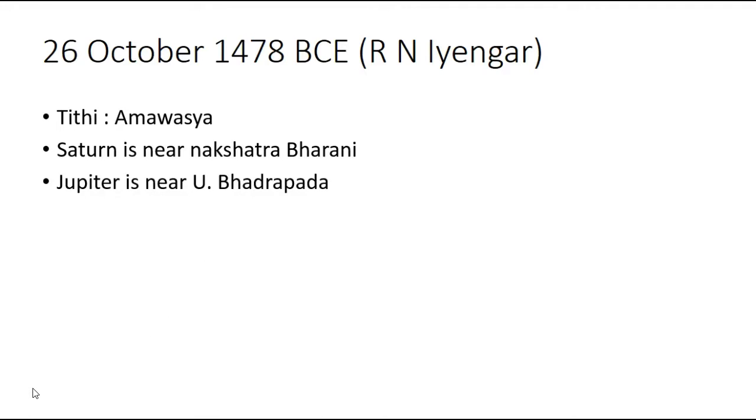And Jupiter was near Nakshatra Uttarabhadrapada. And again, I would encourage you to download his research papers on the timing of Mahabharat war and reach your own conclusions. As far as references of Saturn are concerned, he is silent. He has not said a word, and that is that.